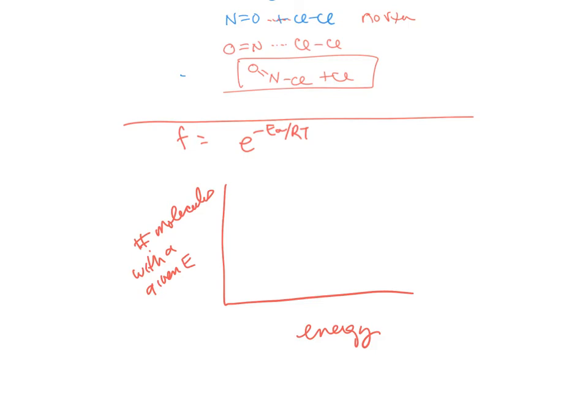You get a graph that looks like that. So you would say molecules with this much energy, there's so many of them. Another number of molecules might have this energy, another number have this energy, and so on.